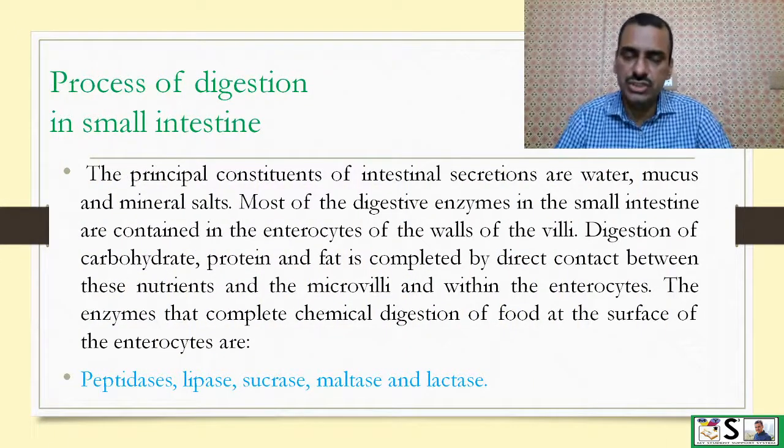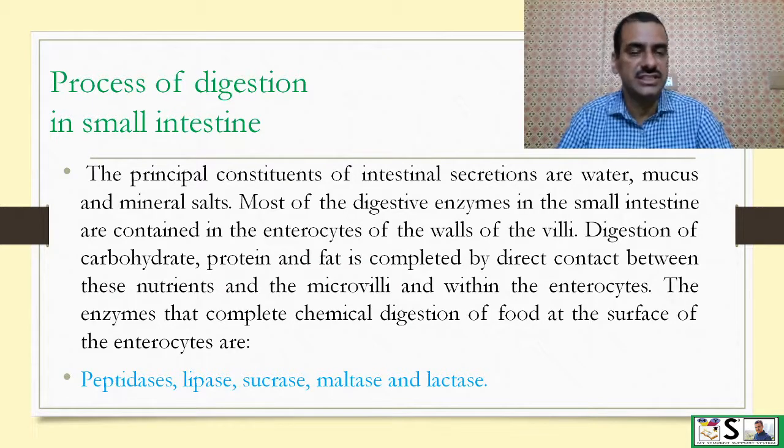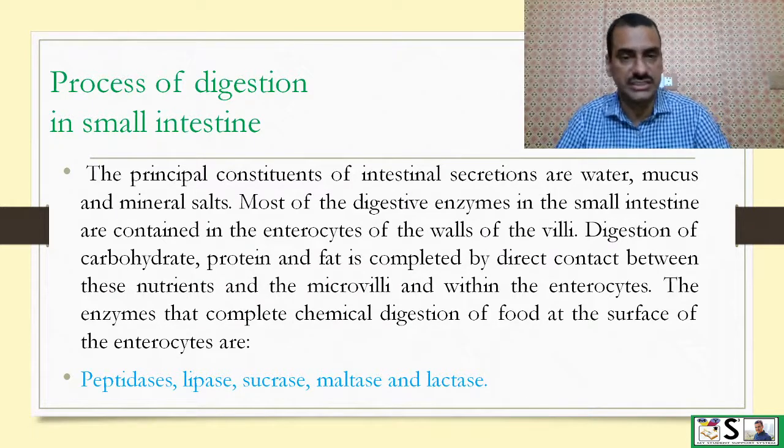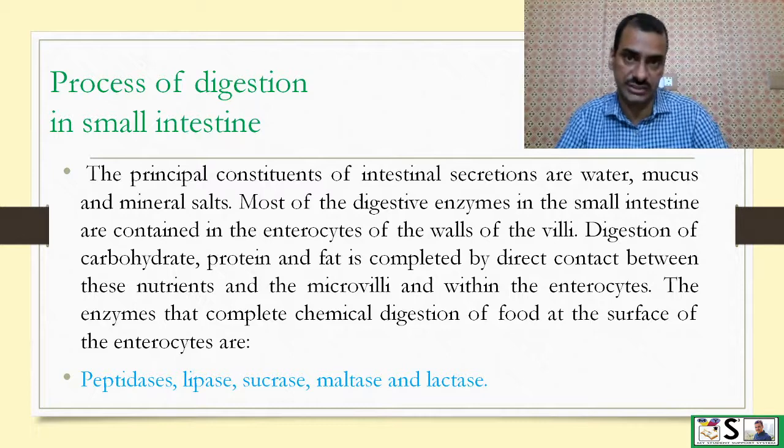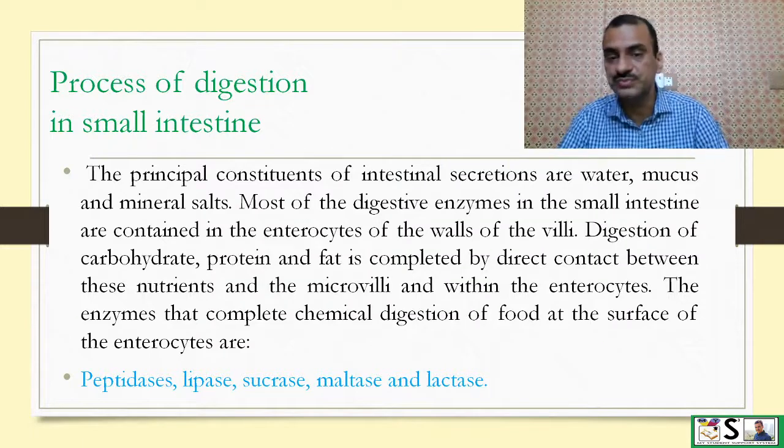Now, the principal constituents of intestinal secretion, known as intestinal juice, are water, mineral salts, and mucus. Most of the digestive enzymes in the small intestine are contained in the enterocytes. They are not freely moving in the small intestine as pancreatic juice and bile do.